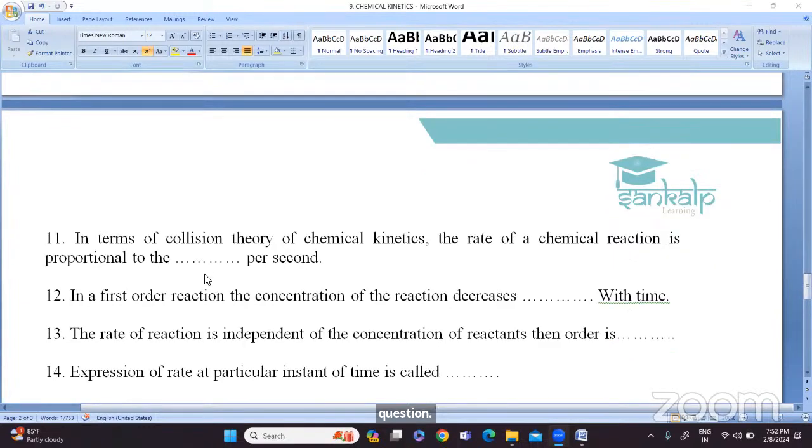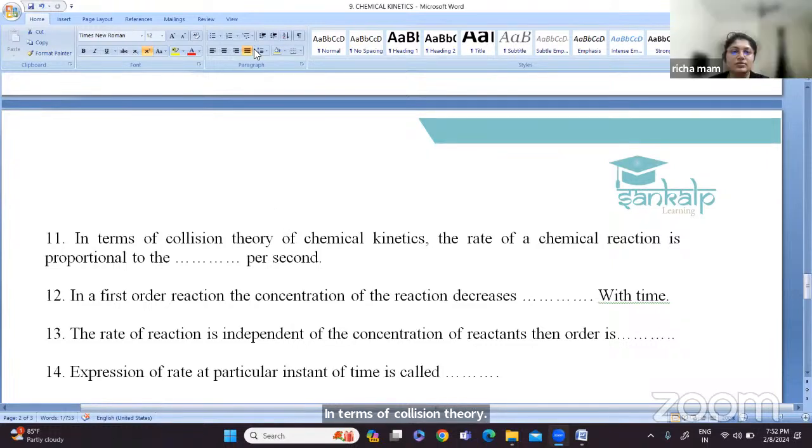In terms of collision theory of kinetics, the rate of a chemical reaction is proportional to the dash per second.